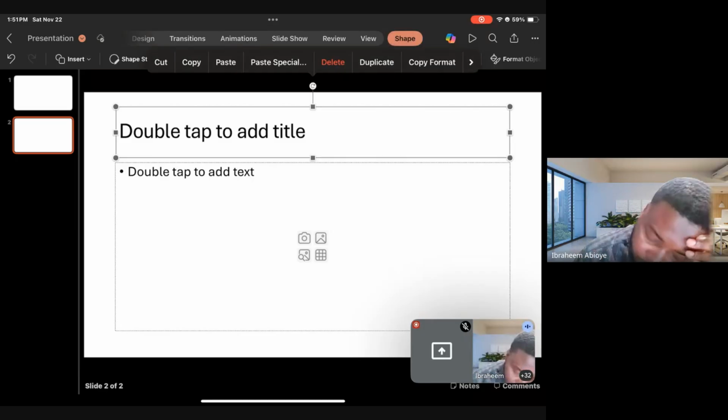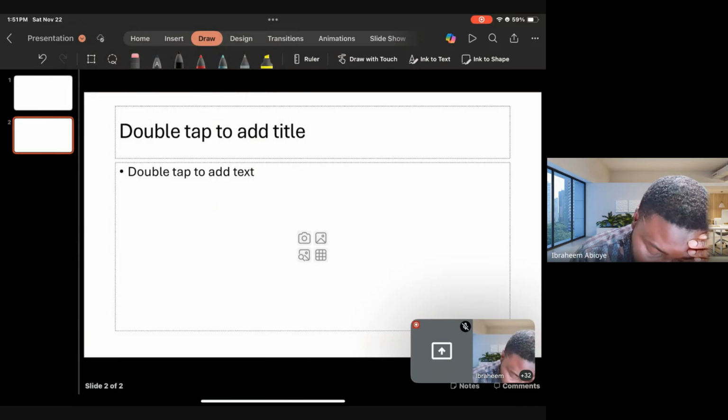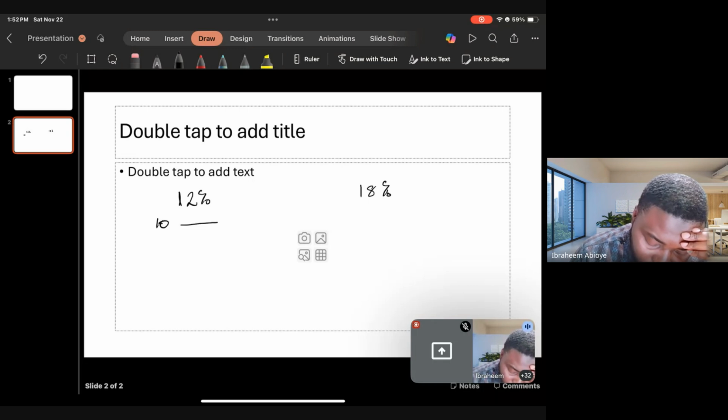Okay, so if you have 12% and you have 18%, and this confidence interval goes from 10 to 14, while this one goes from 16 to 20, there's no overlap.